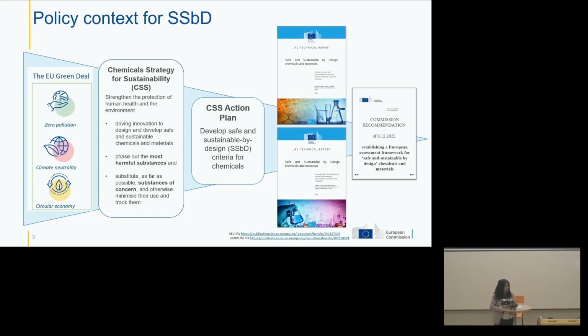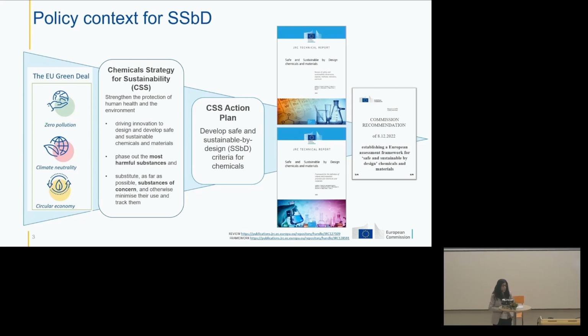And for that, the CSS identifies as a key enabler the development of a framework to set criteria for safe and sustainable by design chemicals and materials. In order to achieve this, the JRC first made a revision of existing frameworks dealing with safety and sustainability aspects in the design phase, including initiatives from research, academia, industry, NGOs, and agencies, to identify the dimensions that are covered in these frameworks and also the aspects, indicators, methodologies, and tools to do the assessment.